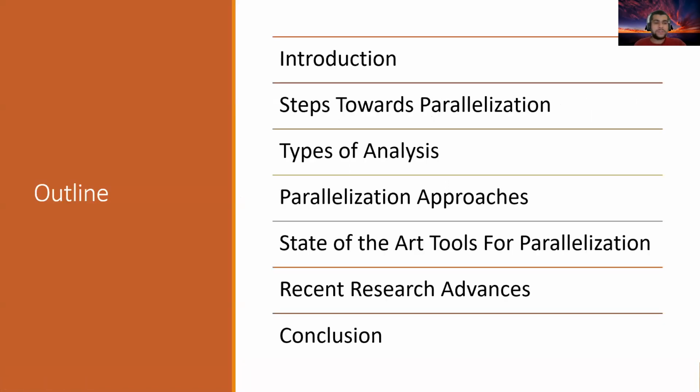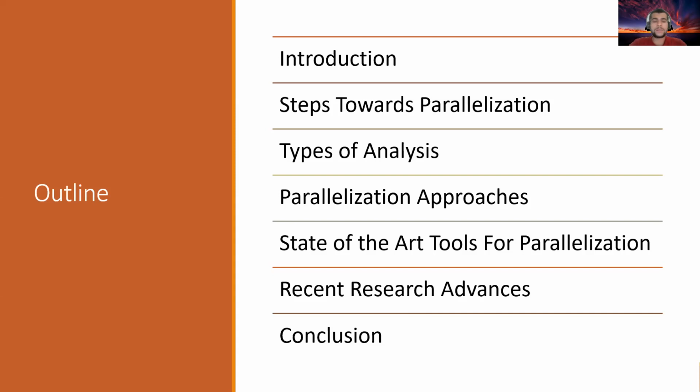So we'll just quickly go through the outline for this presentation. First we'll have a brief introduction. This mostly consists of stuff that we've already gone through in the class, but we'll go through it once more so that everybody's on the same page before we start the main topics. First, we'll discuss in brief the most generic steps that are taken to convert sequential code to parallel code, or just to write parallel code in general.